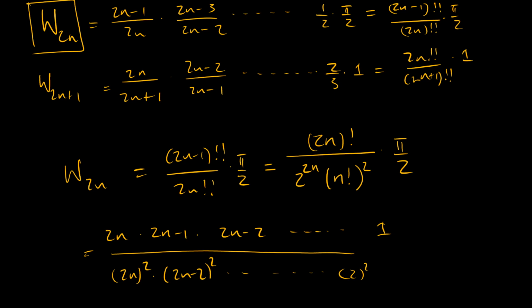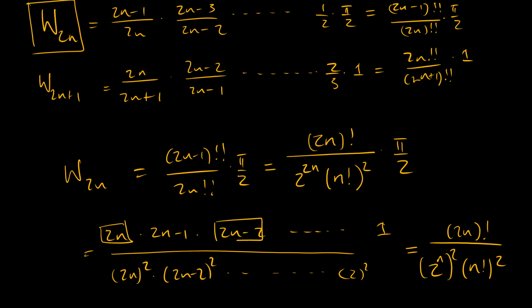So when we pull the 2 out, we have 2 to the n times 2 to the n, which is 2 to the 2n, so this becomes that, and we have n factorial squared, and at the top we just have 2n factorial. So we've just padded these in and compensated in the denominator so that we have 1, and that is what has led us to this.